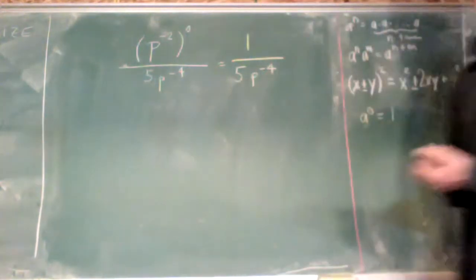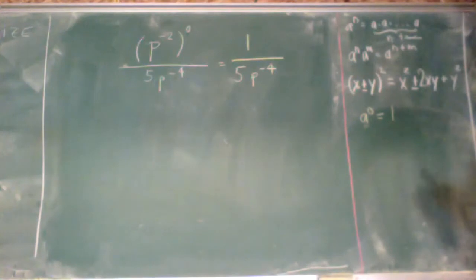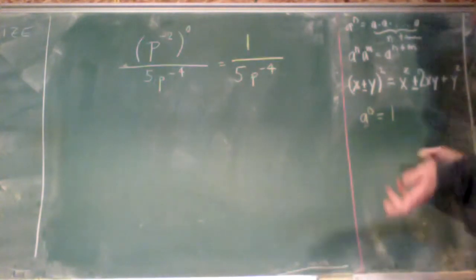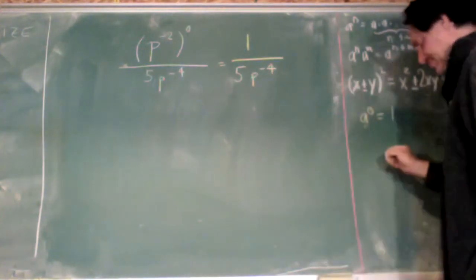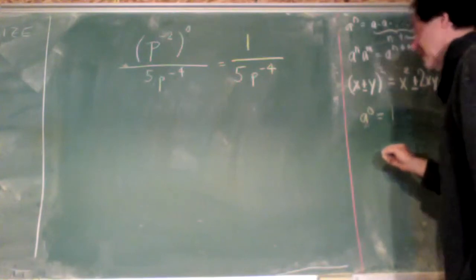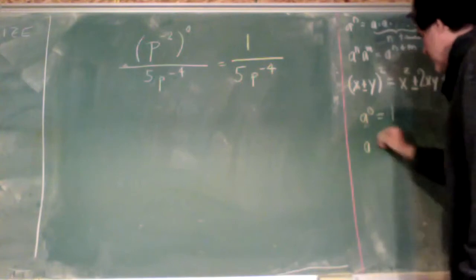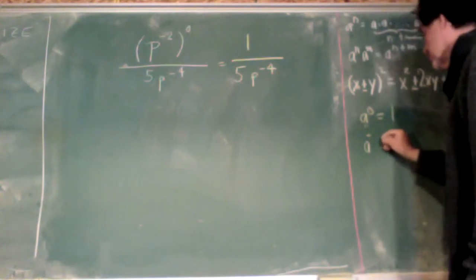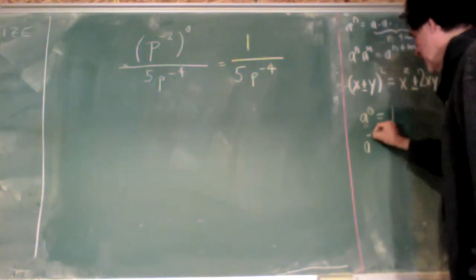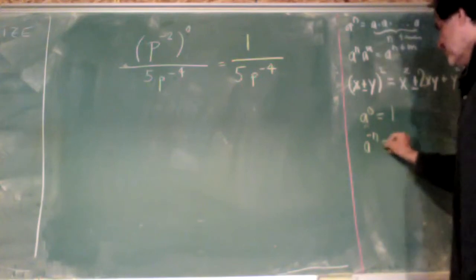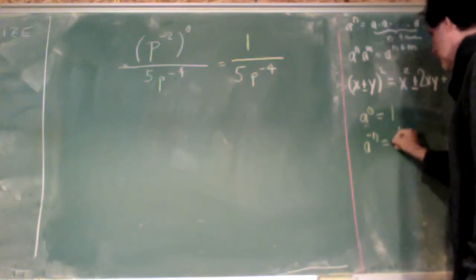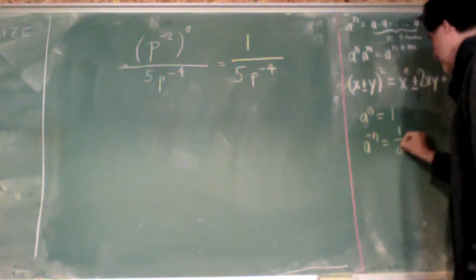But we still have to deal with the negative exponent. How is a negative exponent defined? We take n to be a positive integer and define a to the minus n to be the reciprocal of a to the nth power.